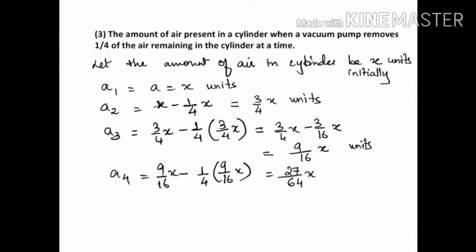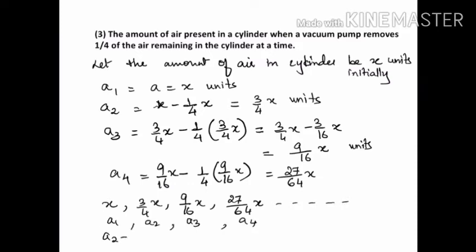27/64 x. So the list of numbers is x, 3/4 x, 9/16 x, 27/64 x, and so on. On finding A2 minus A1, we get 3/4 x minus x, which is equal to minus 1/4 x.